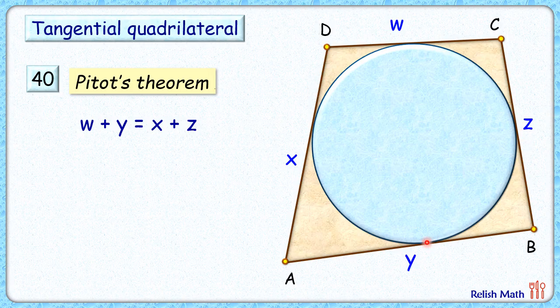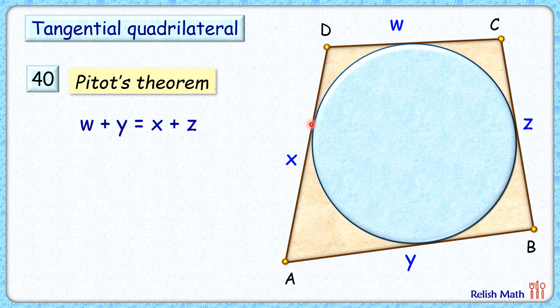The sum of alternate sides will be half of the perimeter. Here also, the sum of opposite sides is half of the perimeter. So the general form is, in case of an even-sided tangential polygon, the sum of alternate sides will be half of the perimeter, that is, equal to the semi perimeter.